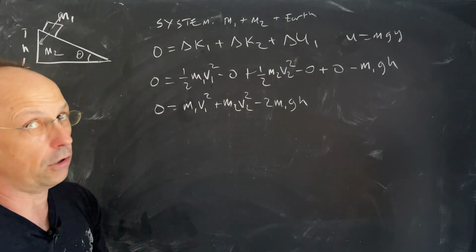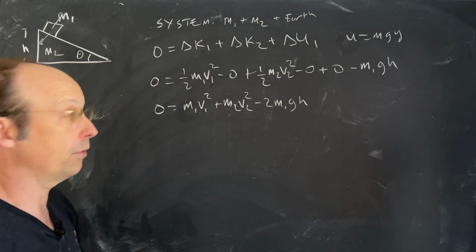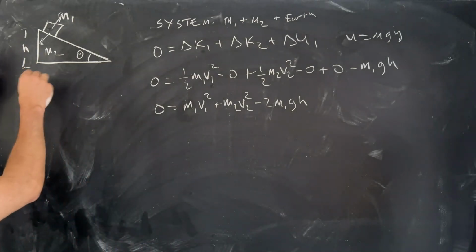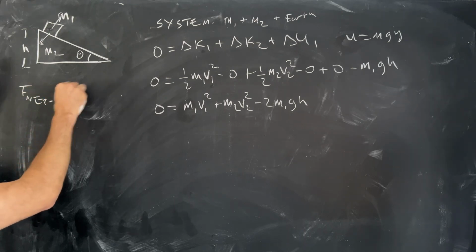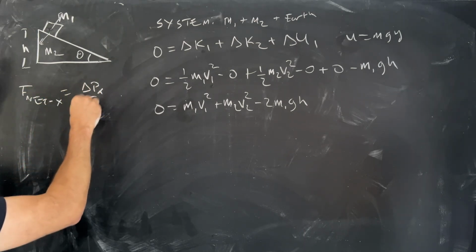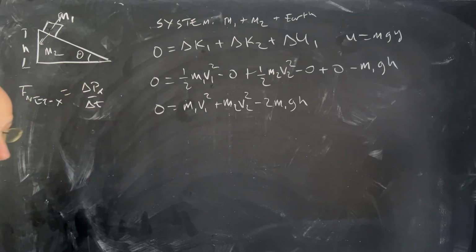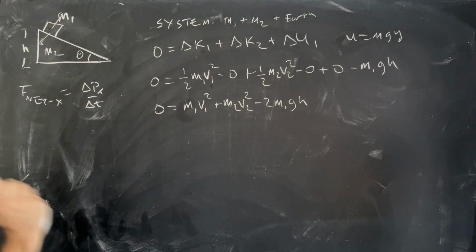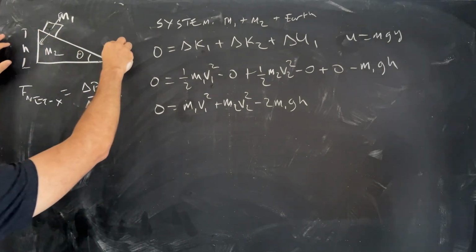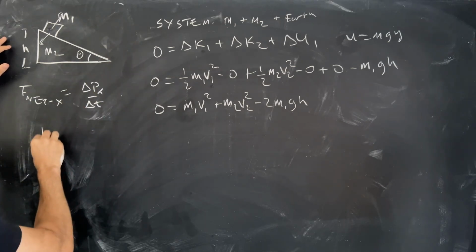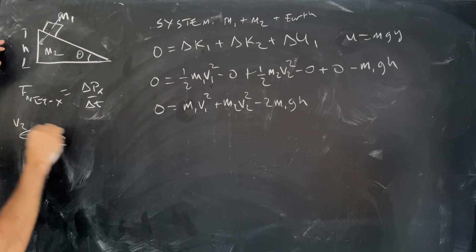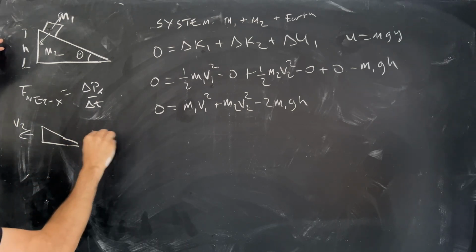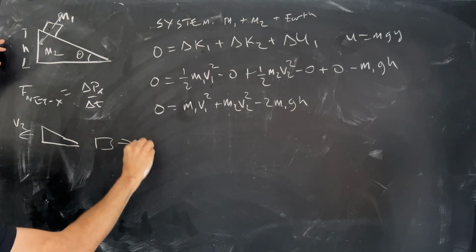We can get that other equation from the momentum principle. If we look in the x direction, F net x is delta px over delta t. At the end of this, the block's going to be down here, with the wedge moving with the velocity this way, v2, and the block over here moving with the velocity that way, v1.